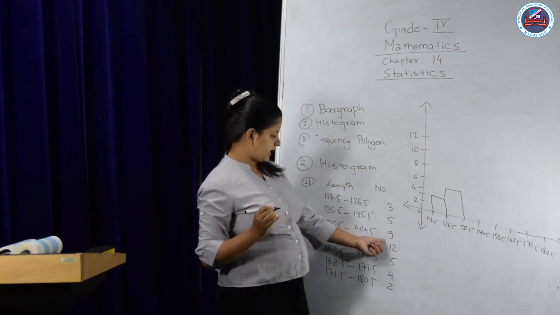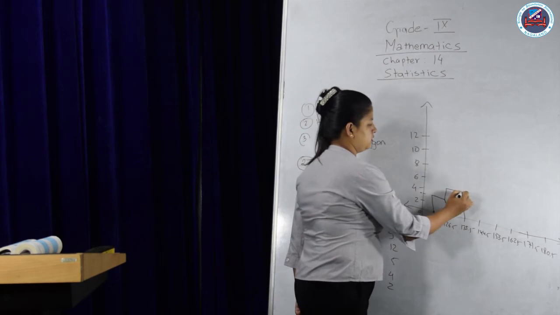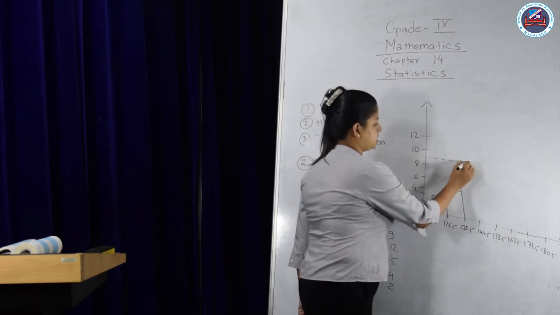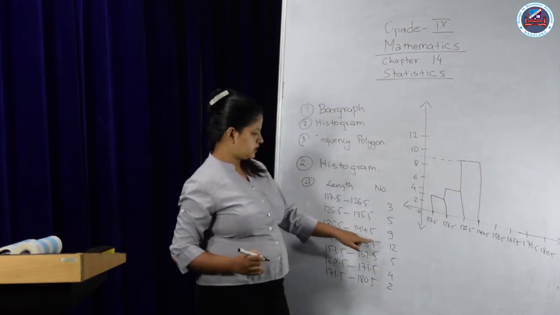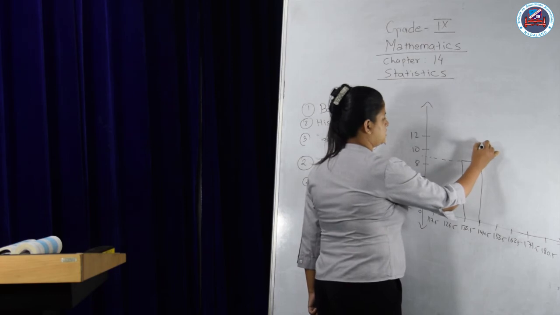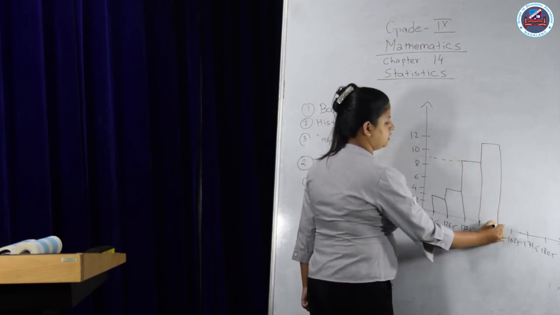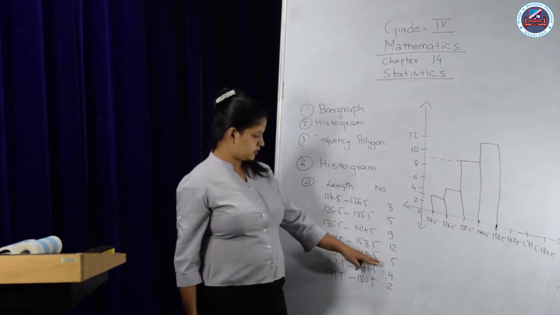The third one is 9 here. So till 9, between 8 and 10. Like this. Fourth one is 12. From here itself, till 12 goes on for the next one. Using a scale and pencil, do it nicely.